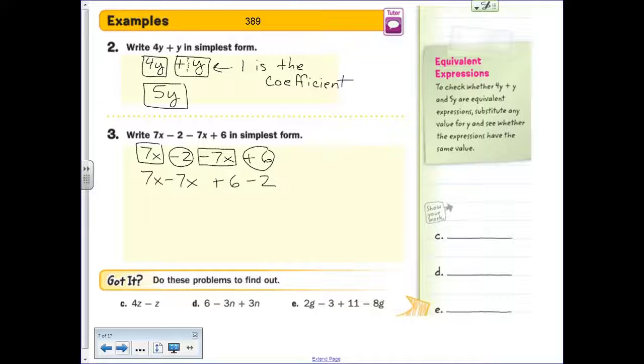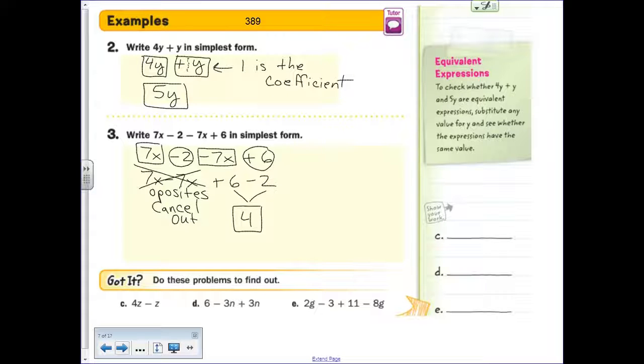So these things, they just cancel each other out because they are opposites. So for the purpose of this example, please write opposites cancel out. And then 6 minus 2 equals 4. So my answer here is 4.